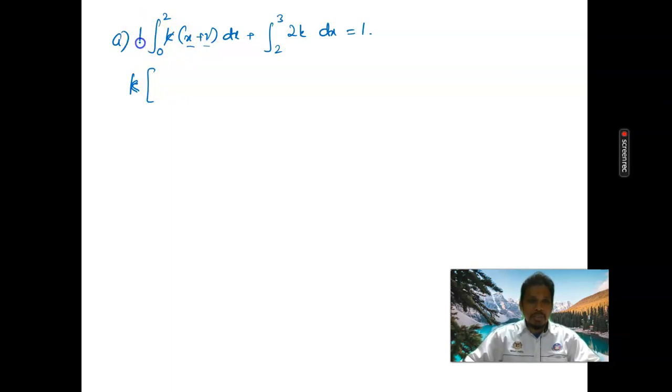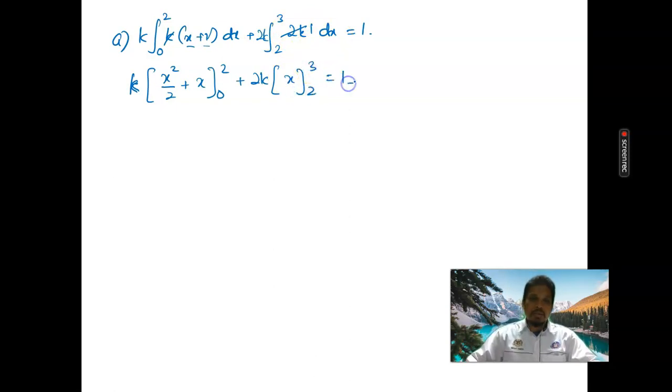Then the integral of x is x squared over 2, plus the integral of 1 is x, from 0 until 2. Take 2k, which is still a constant just like k here, take it outside. So 2k times the integral of 1 with respect to x, which gives you x from 2 until 3, which is equal to 1.